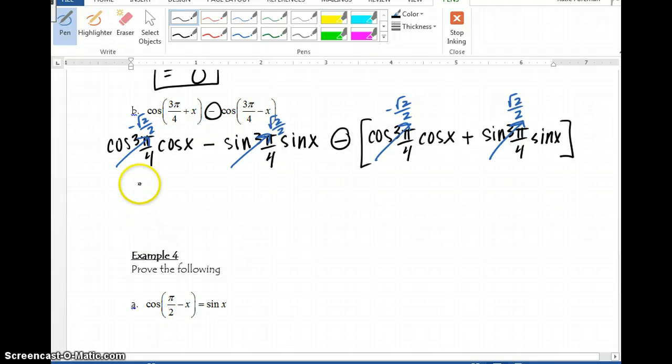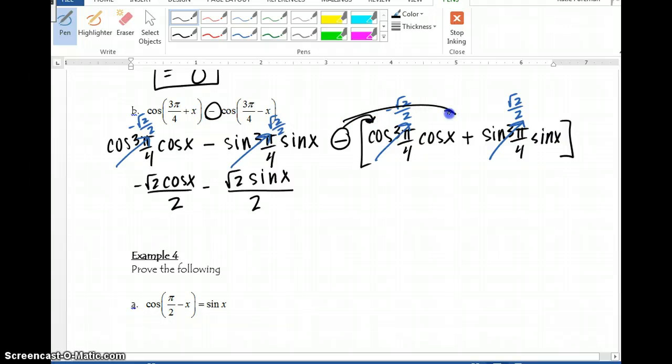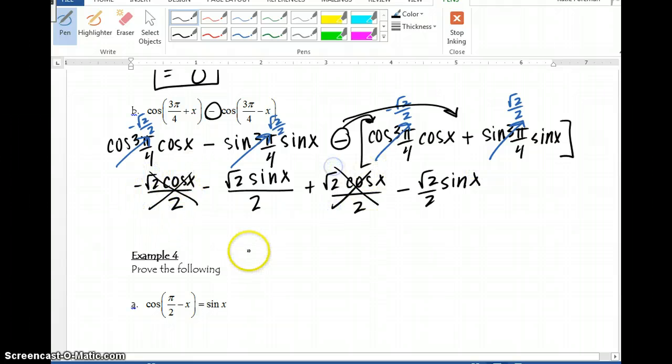Multiplying, I would get negative square root of 2 cosine of x divided by 2 minus square root of 2 sine of x over 2. Distribute the negative. The opposite of this negative square root of 2 over 2 would make it positive. And then the opposite of this positive would make it negative. Negative square root of 2 over 2 cosine will cancel with the positive.